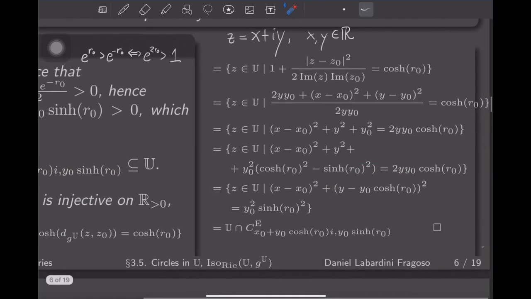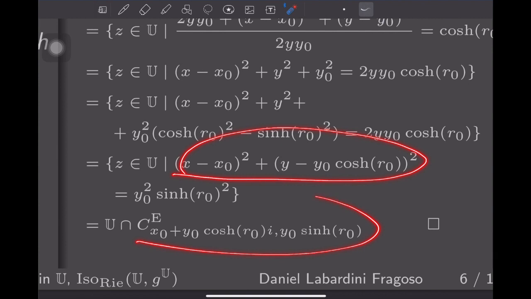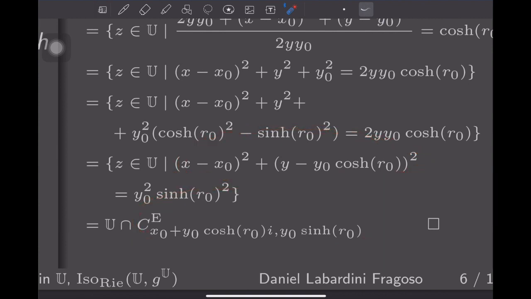And the point is that once I'm here, this is the set of points in U that live in this Euclidean circle. With which center? Well, x naught plus i y naught times the hyperbolic cosine of r naught, and the radius is the absolute value of the square root of this, which is this.